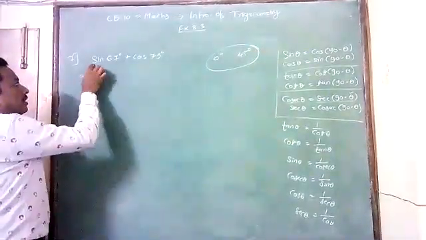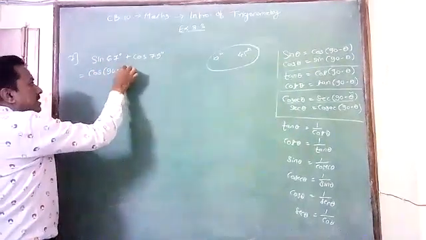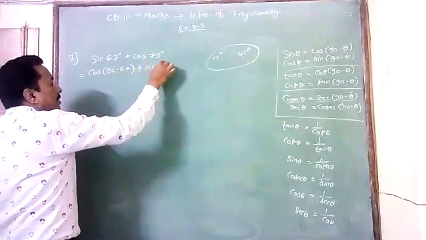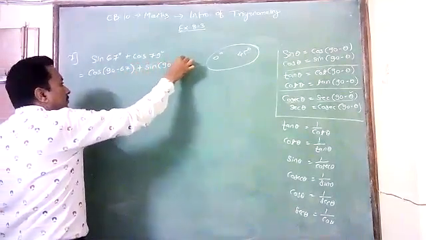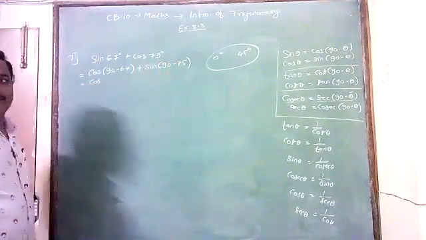In the place of sine just write cos 90 minus 67, and in the place of cos just write sine 90 minus 75. तो cos 90 minus 67 कितना होता है?